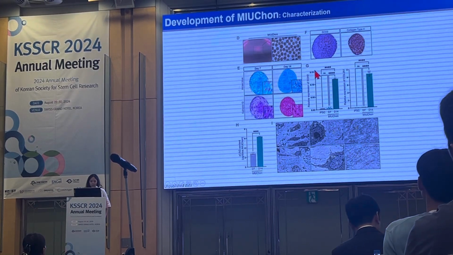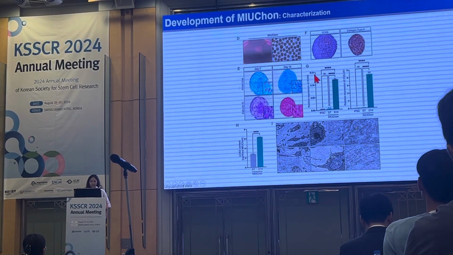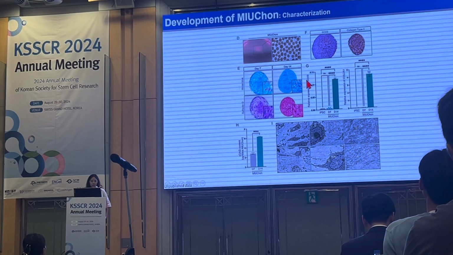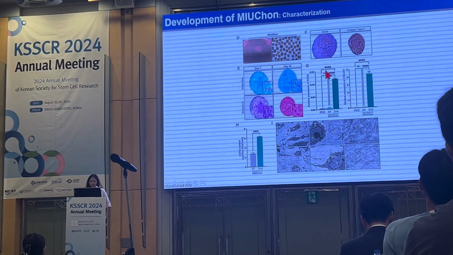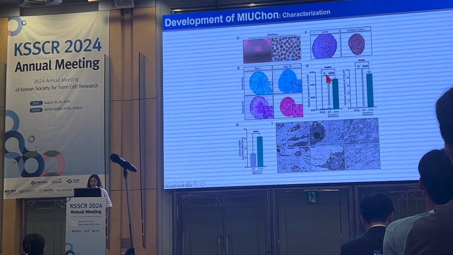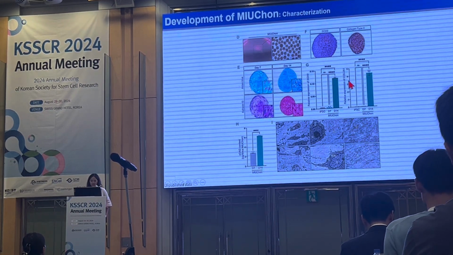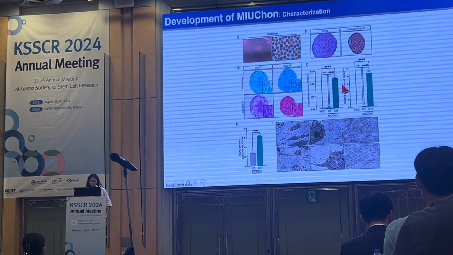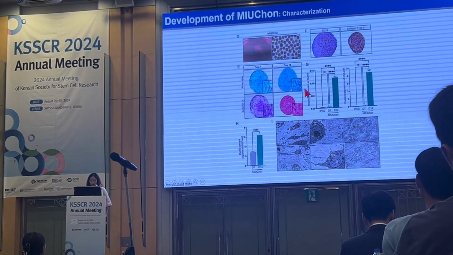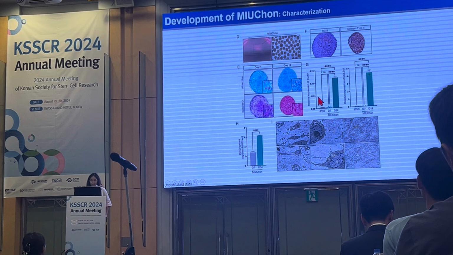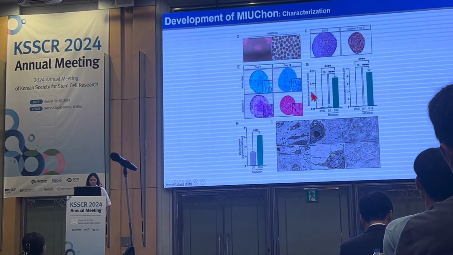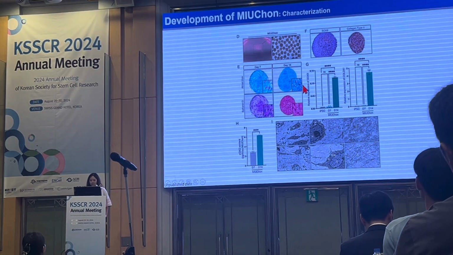The generated MUCONs had a relatively small size, about 200 micrometers, and chondrogenic markers such as FOXP9 and collagen type 2 were highly increased in the differentiated pellets. Also, we confirmed increased secretion of ECM proteins, which is one of the main characteristics of chondrocytes.